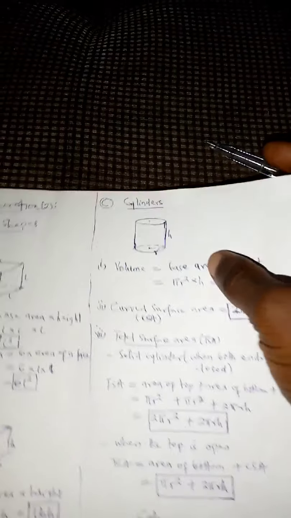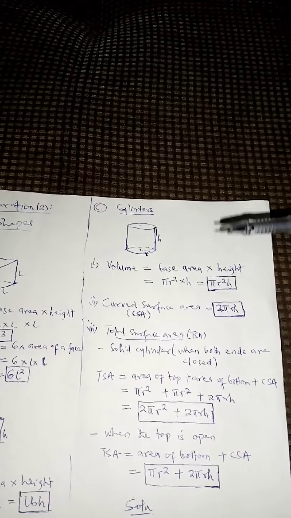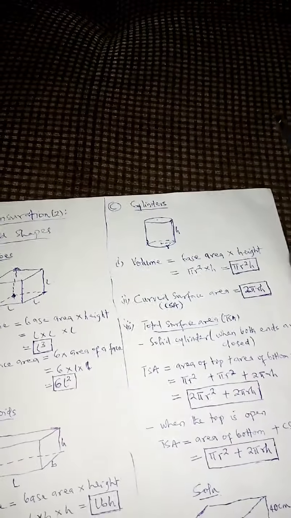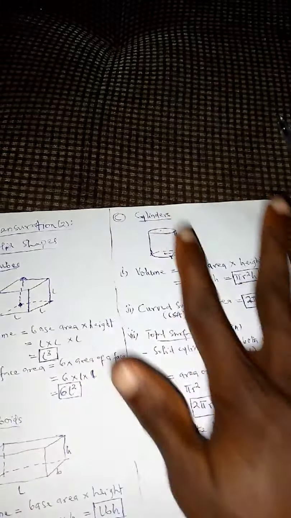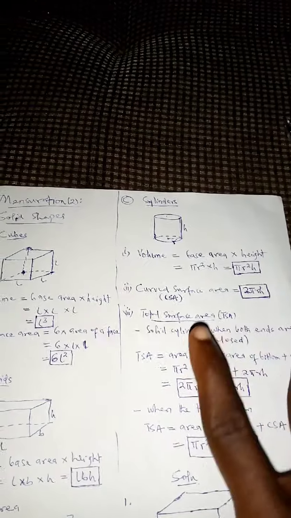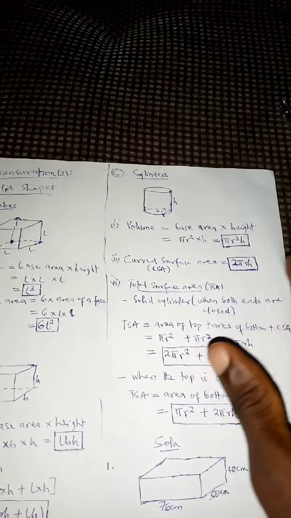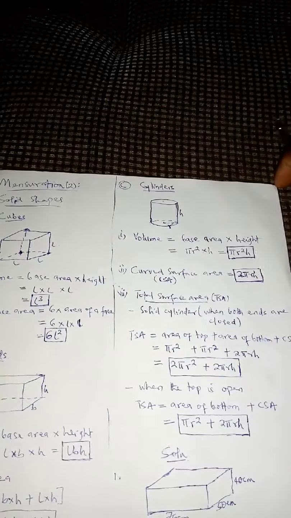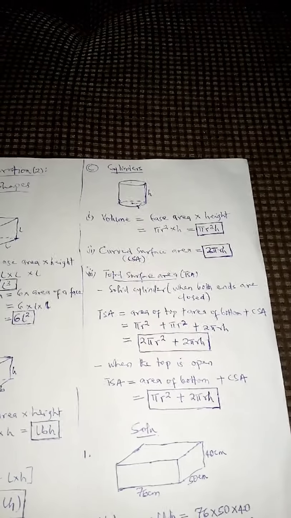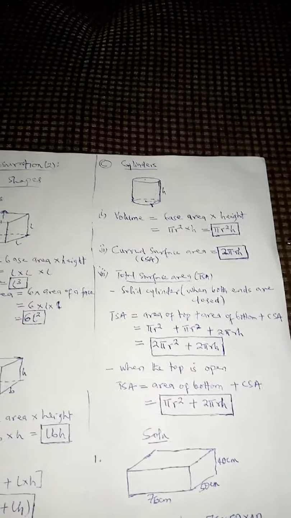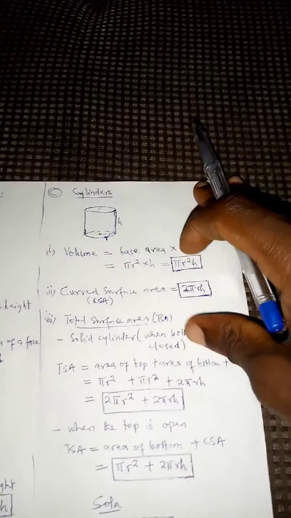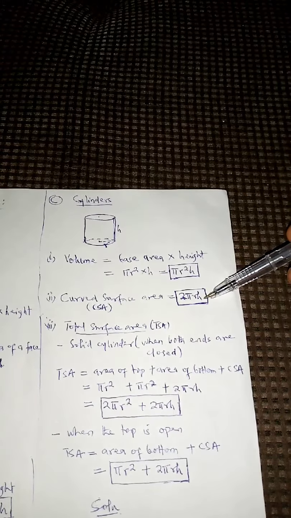This circular part is the circumference of the circle, which is 2 pi r, and the whole length here is our height. By the time you open it like this, it gives you a rectangle whose area is length times breadth. The length is 2 pi r, the breadth is h. And that's how we got the curved surface area of our cylinder to be 2 pi rh.